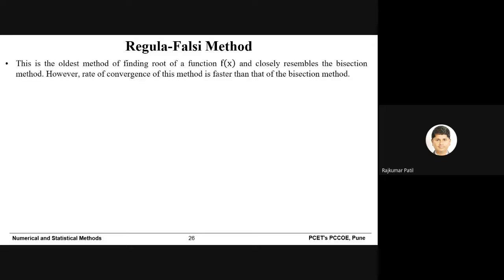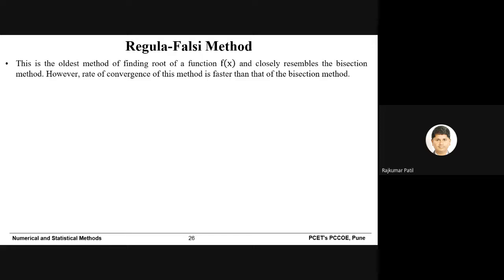Yeah, so you can see this is the oldest method of finding the root of a function f of x. When you go through the mathematics of this method, you may see that it has several resemblances with the bisection method, and this method is older than the bisection method.